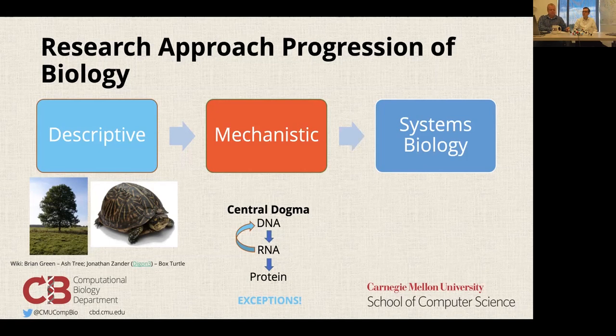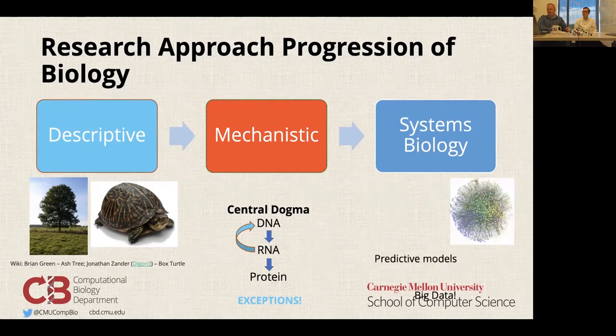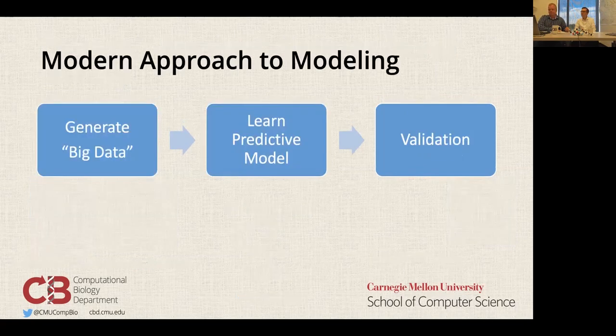And so this led us to the field of systems biology, where rather than looking for rules, we're actually just trying to understand complex systems and make predictions about how those systems behave under certain conditions. These systems are incredibly complex.